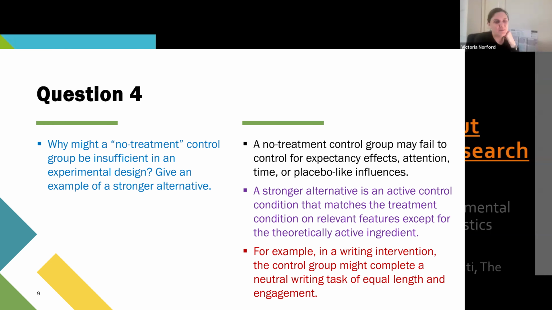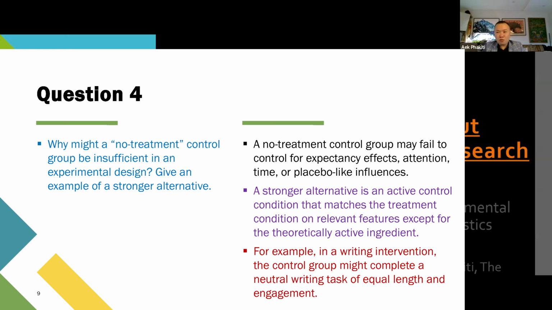So a placebo is, in a medical trial, the kind of fake tablet that they give to someone as the control. And when you have the placebo, sometimes you might think you're having the real treatment, so you might start to feel better. Very good. So, in medical research, they might have a specific medication for the experiment.